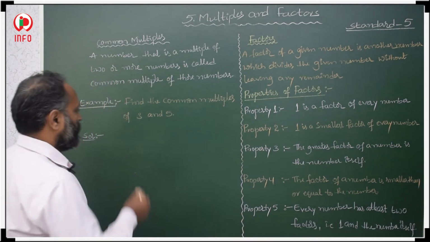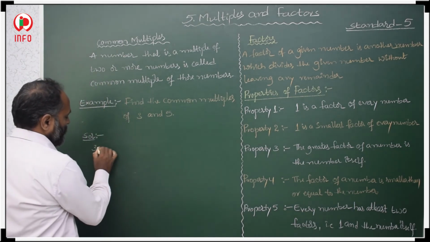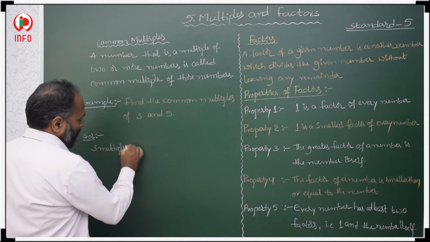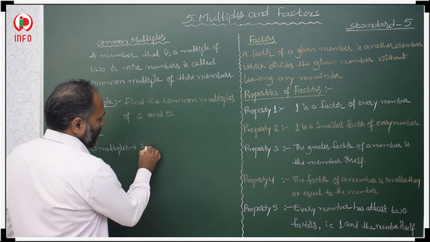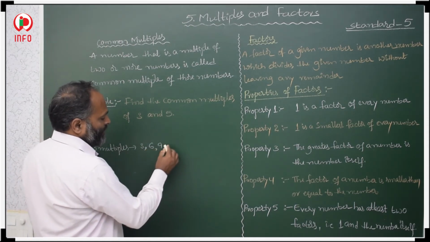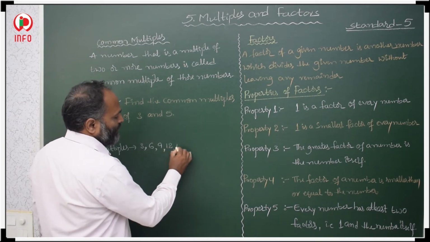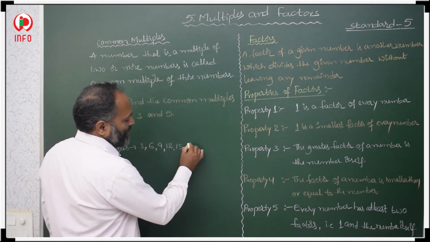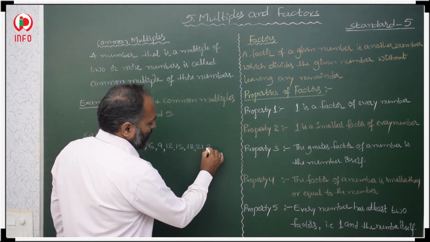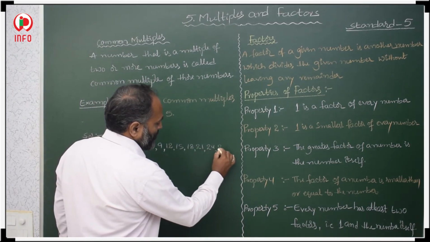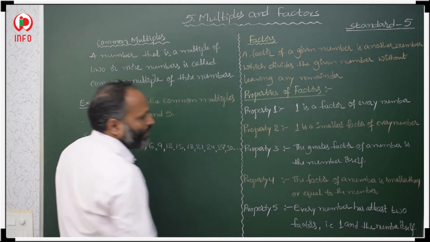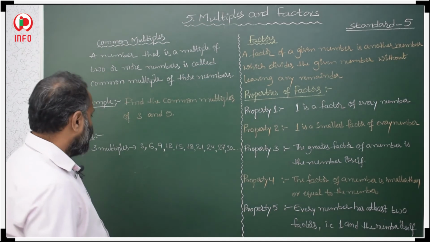First, you have to write the 3 multiples. 3 ones are 3, 3 twos are 6, 3 threes are 9, 3 fours are 12, 3 fives are 15, 3 sixes are 18, 3 sevens are 21, 3 eights are 24, 3 nines are 27, 3 tens are 30, and so on. All these are multiples of 3.